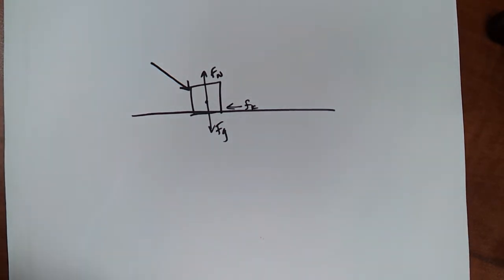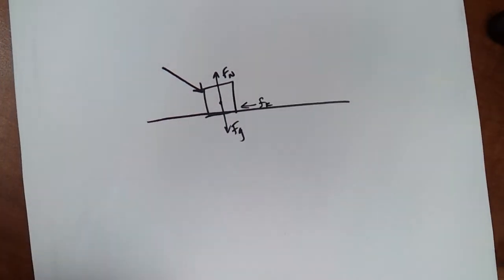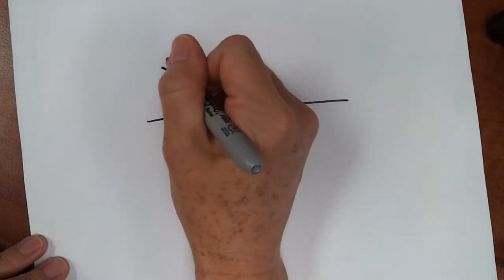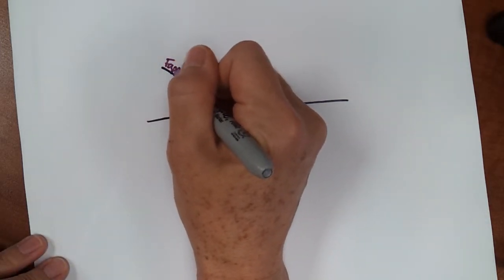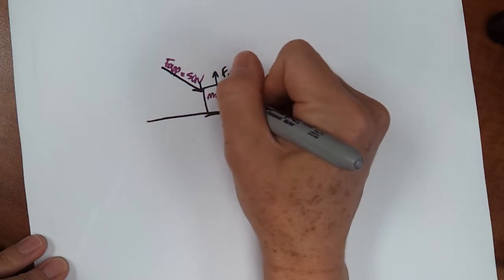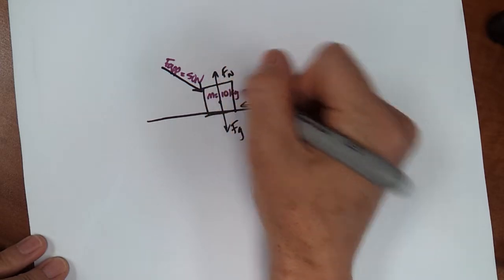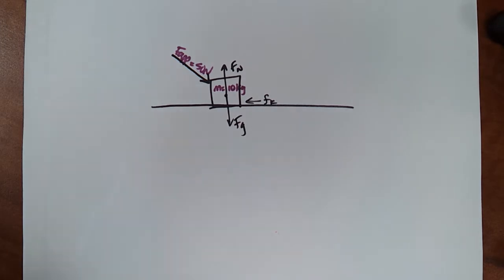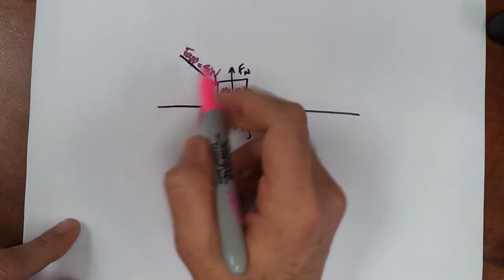I have to pay close attention to this force. This is my applied force. And let's say it's 50 newtons, and let's say the mass of this guy is 10 kilograms. Okay, I have to break this into components, right, because it's at an angle.